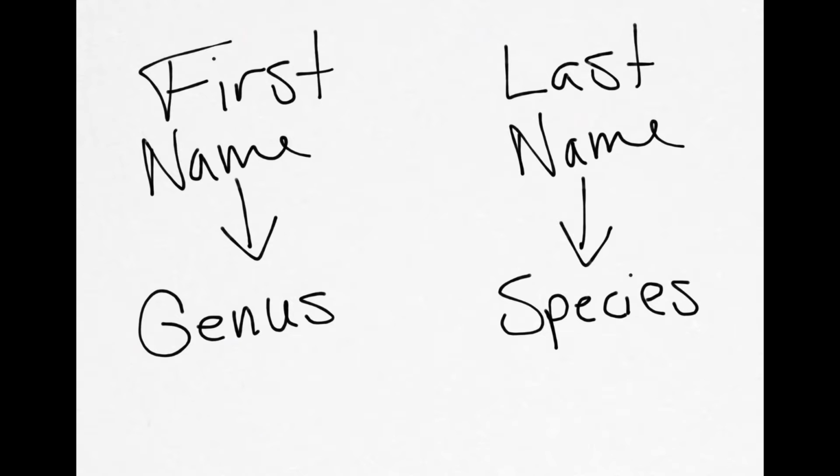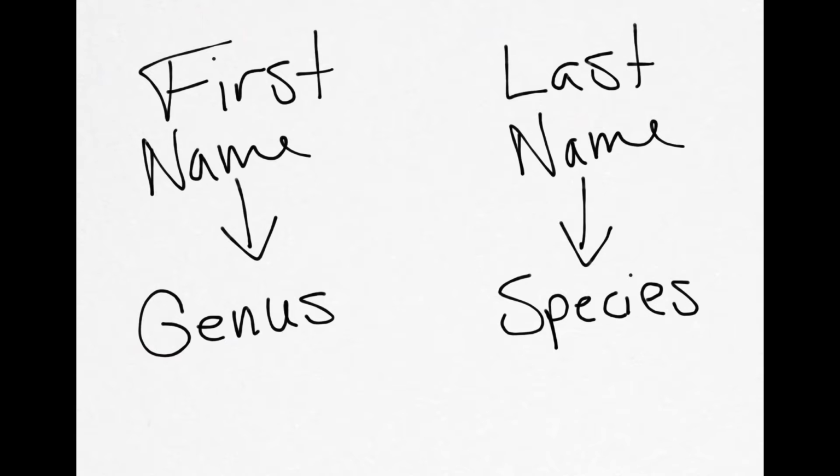The second name is the species. Whatever species the organism is, that is its last name. And guess what? There you have the scientific name. Essentially, Linnaeus took the lower 2 taxa, genus and species, to form the first name and the second name.